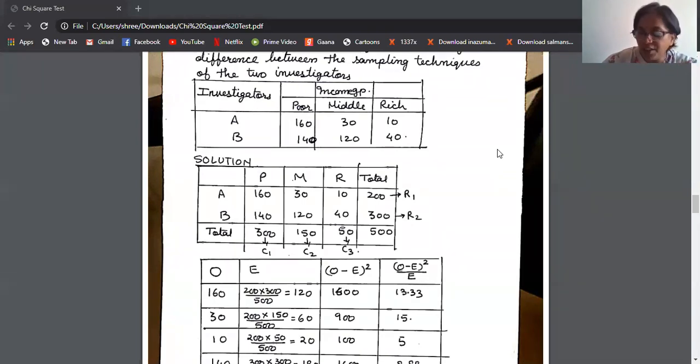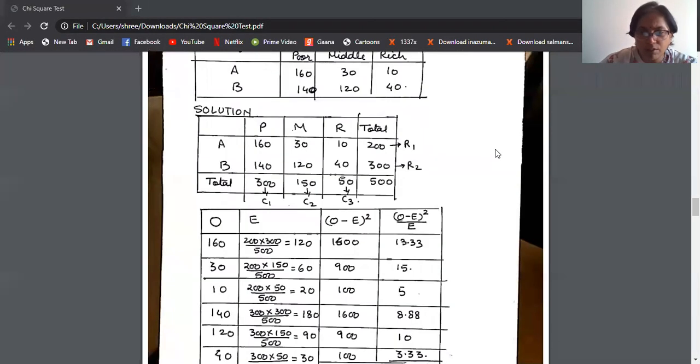Have you all finished finding E? Just put a yes on the chat box.